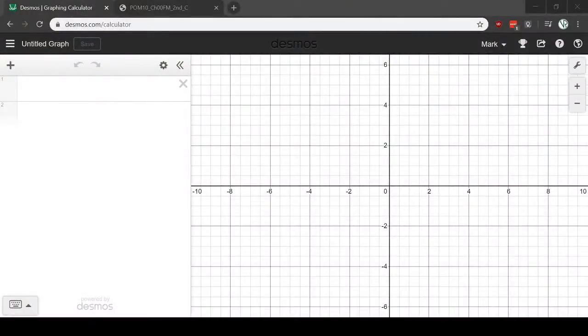I think I'll actually use Desmos for this. So I'm going to switch over to Desmos here. Just give me a second. Okay, so looking at Desmos, the concept here is the idea of a parabola.